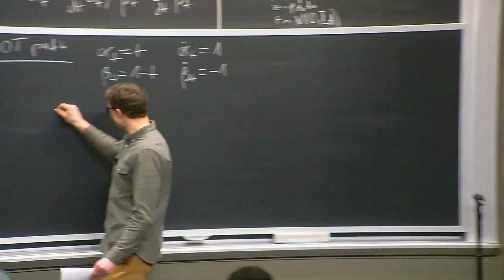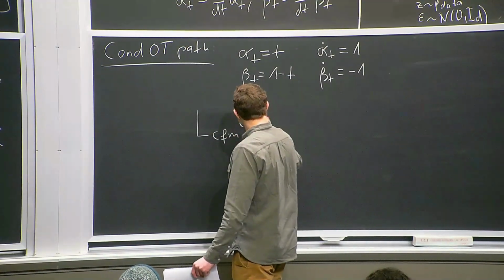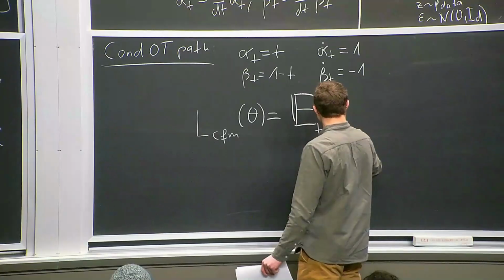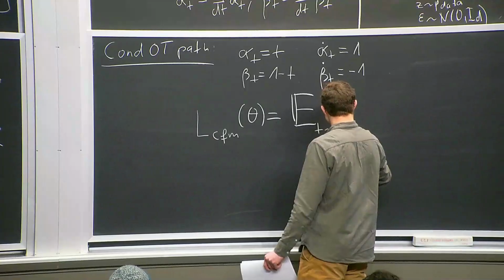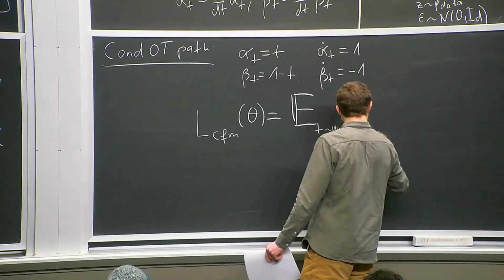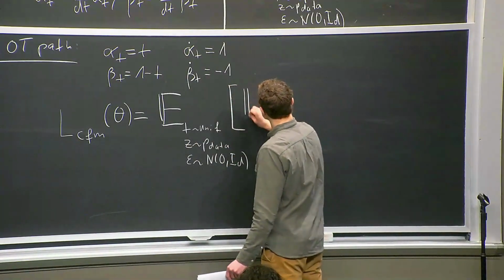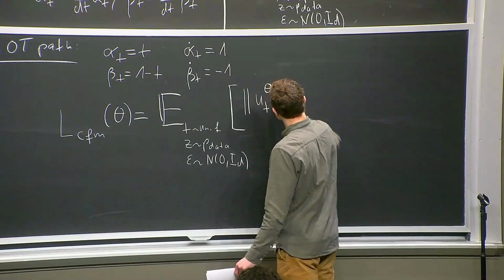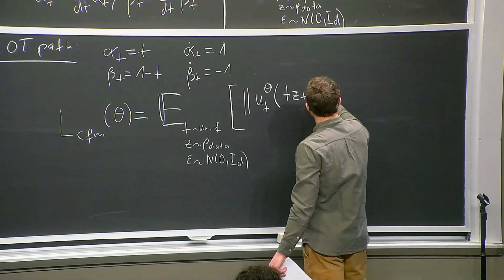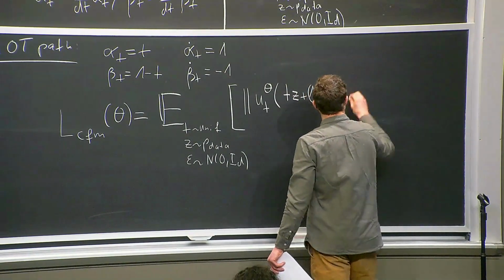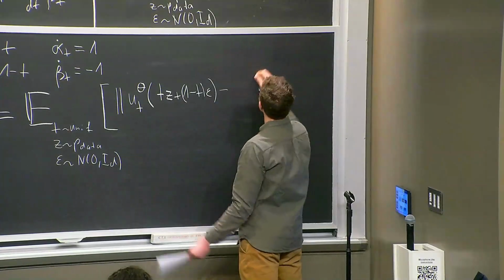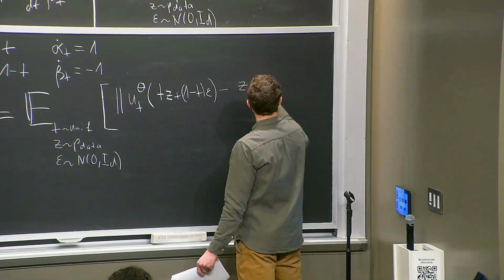So what's going to be the conditional flow matching loss in this case? All I'm doing is plugging the choice of alpha t and beta t in here, which means it's t times z plus 1 minus t times epsilon, minus, like 1 times z plus minus 1 times epsilon, which is just z minus epsilon.